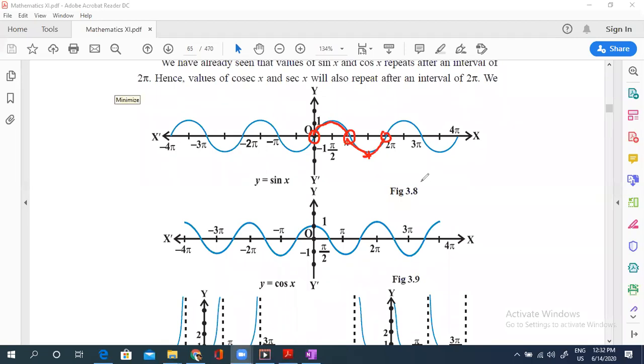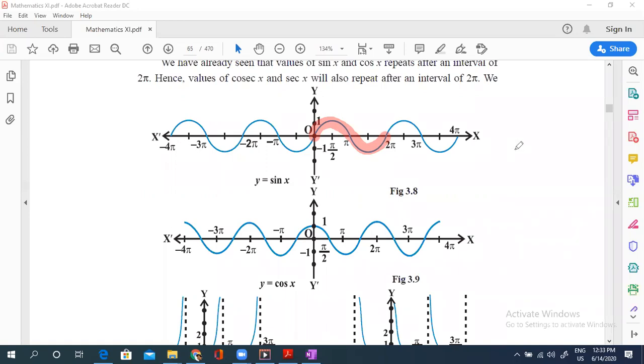My voice is not cracking now. I can hear it clearly. Okay. So I can say that this is the standard graph of sine theta.